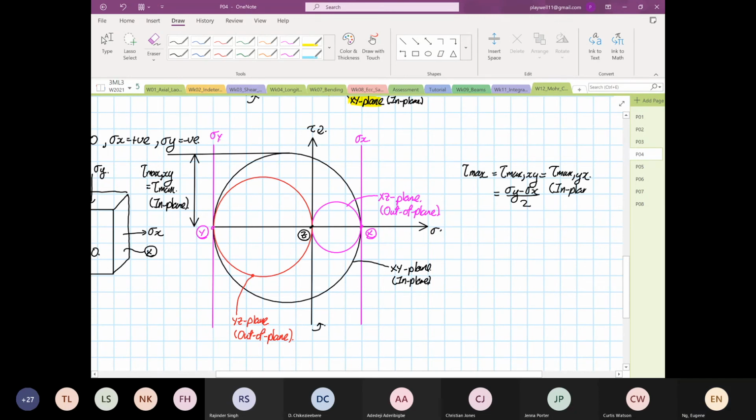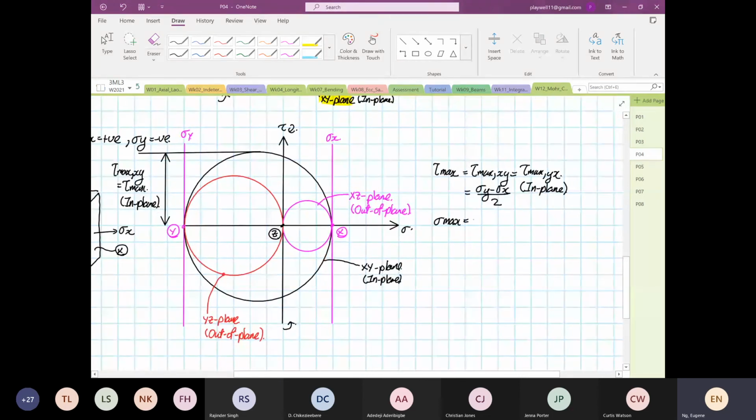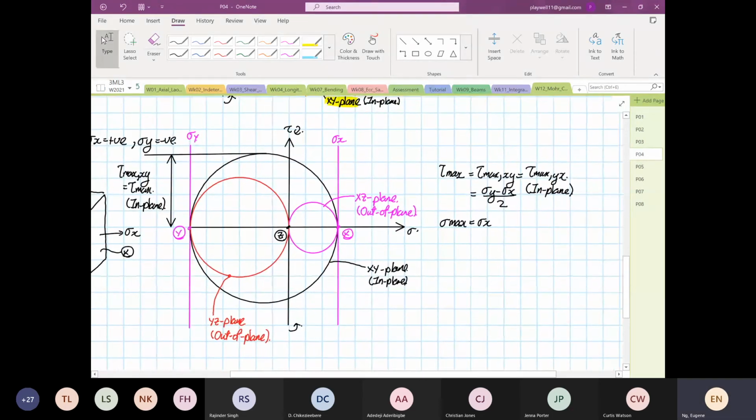So if stress max is equal to stress x, did I get this wrong? Yeah, stress x. And then stress min is equal to stress y.